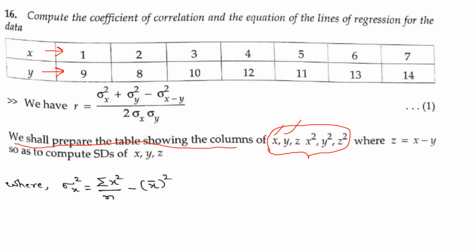We generate the column for Z with the help of Z is equal to x minus y. Then we find the squares of these three columns x, y, z.